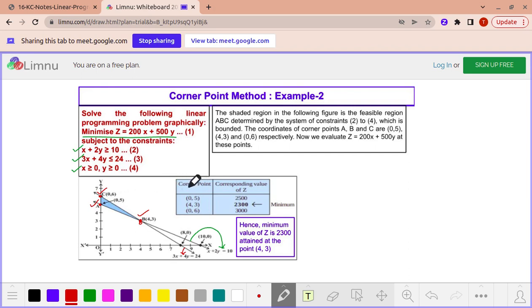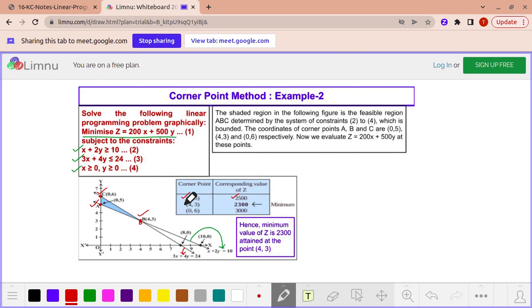Now we will find the values of the objective function z for all these 3 points. For the corner point 0, 5, we get the value of the objective function z, which is 200x plus 500y, as 200 into 0 plus 500 into 5, that is 2500.